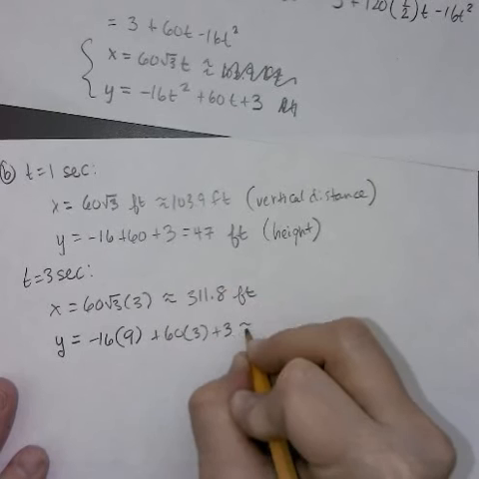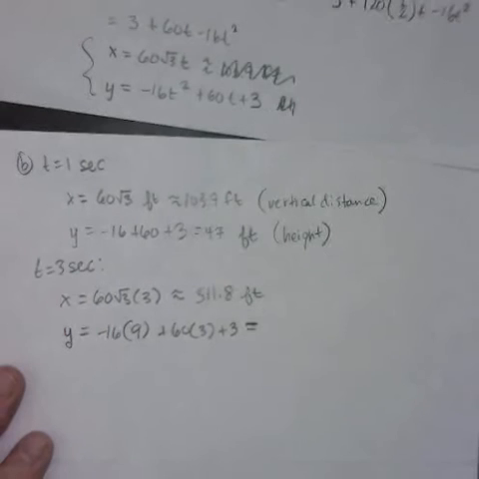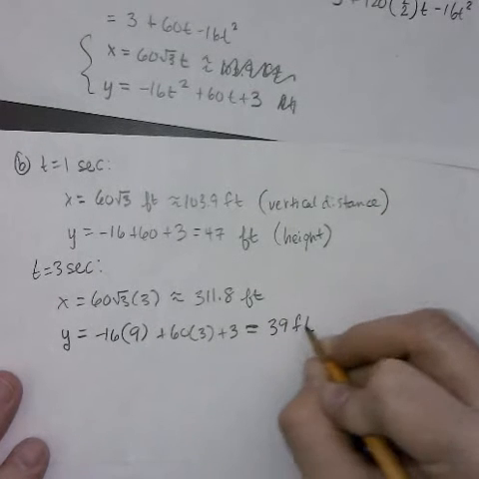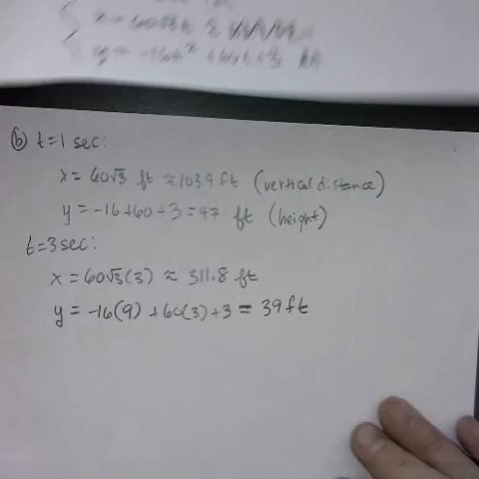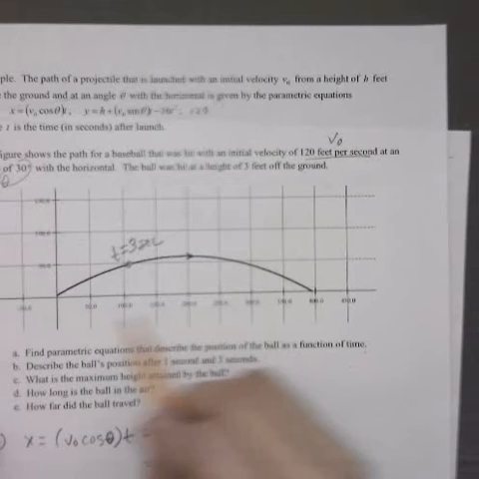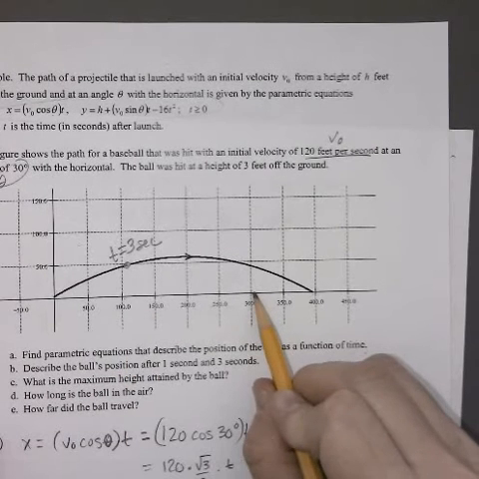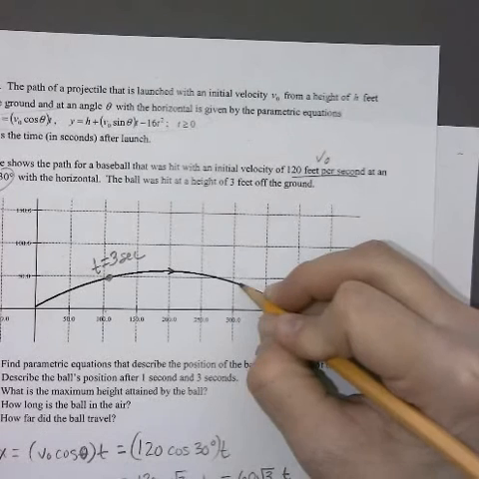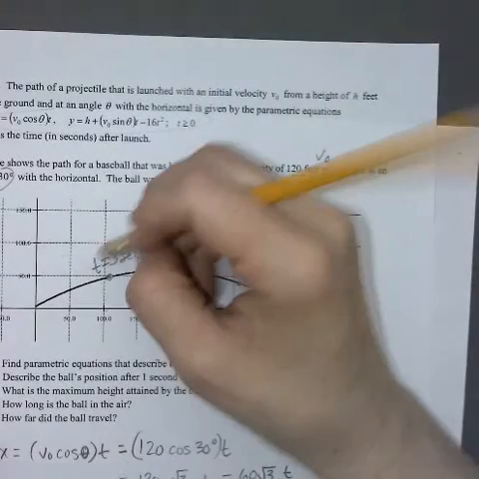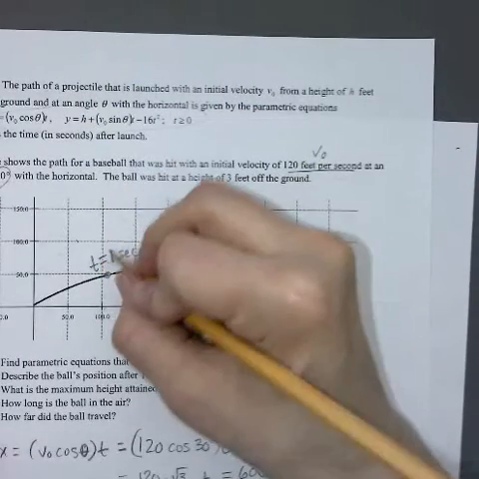I won't have to approximate that one. 16 times 9 is 144, so negative 144 plus 180 plus 3 is 39 feet. So at 3 seconds, the ball has traveled 311.8 feet horizontally, about here, and it's 39 feet high. So probably about right here. This is for 1 second. This is 3 seconds.